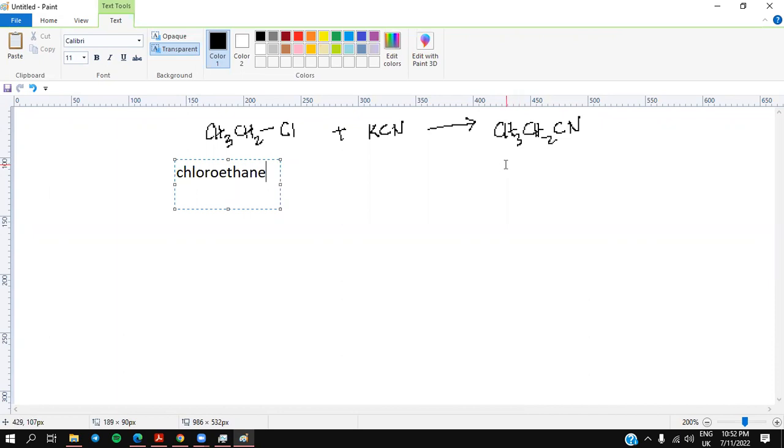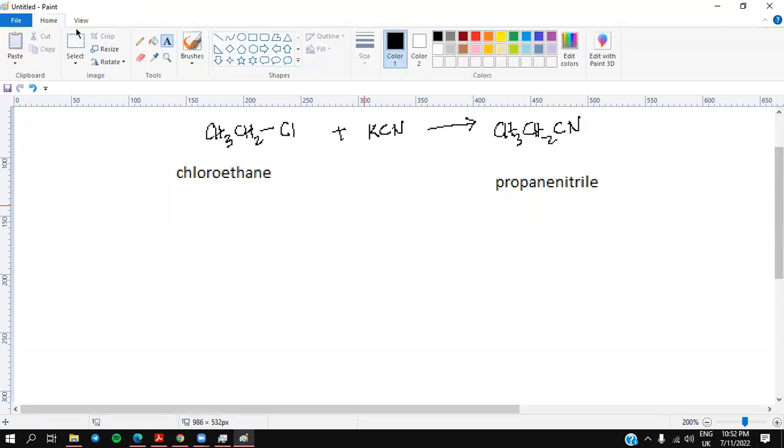And this is a special type of compound. This is called propane nitrile. This chloroethane has 2 carbon atoms, but propane nitrile has 3 carbon atoms.